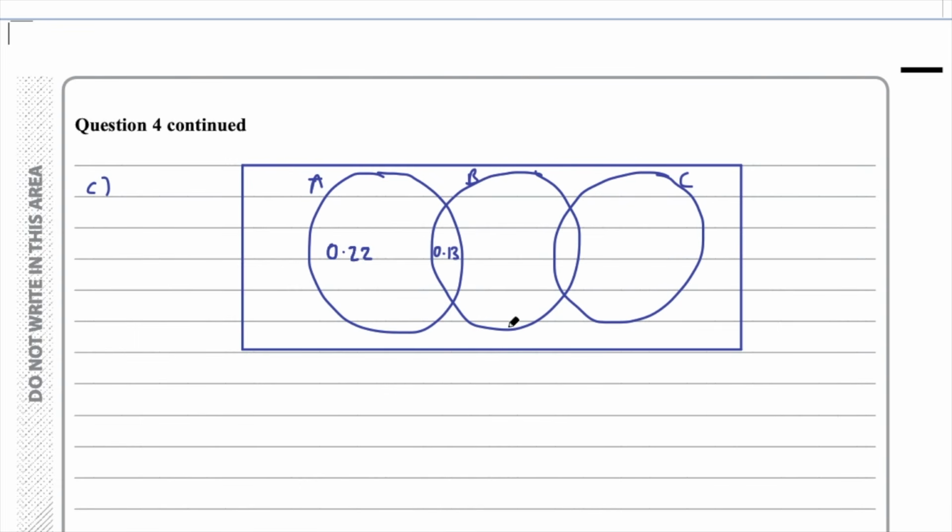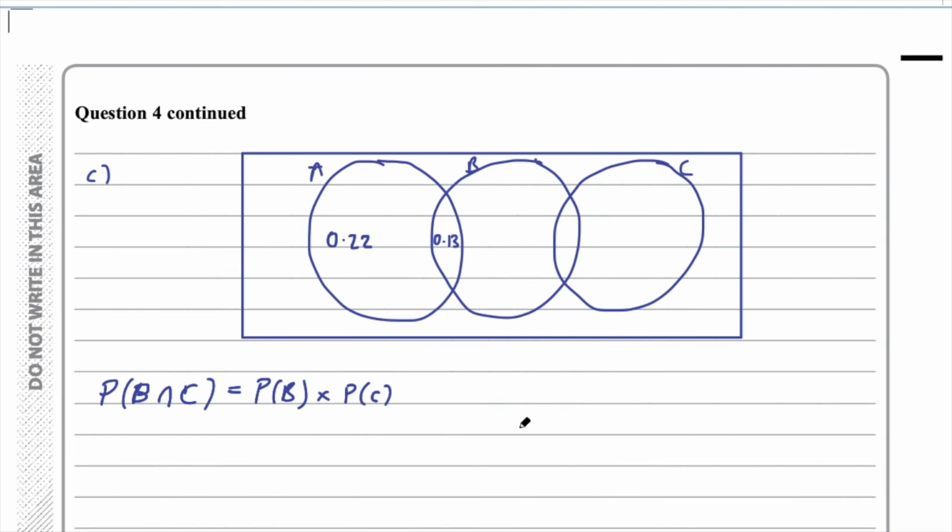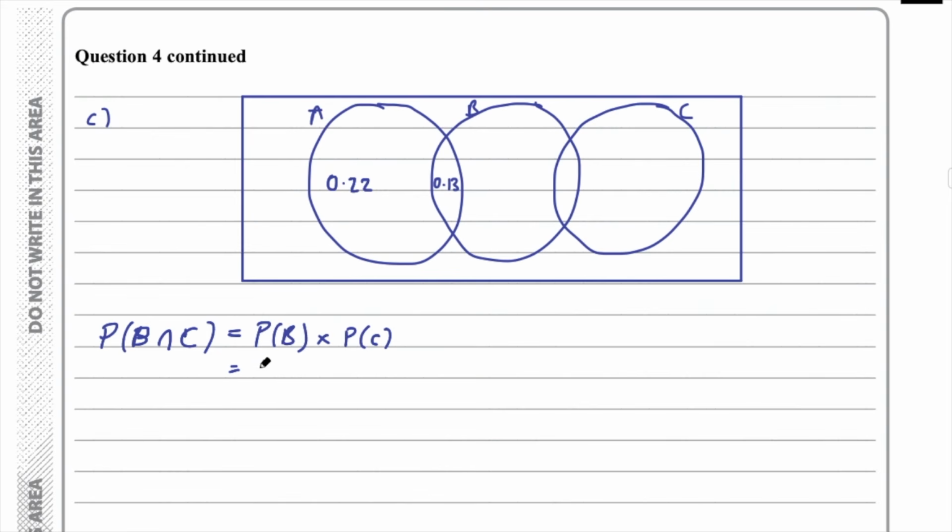And we can work that out because if events are independent, the probability of them both happening, so the probability of B intersect C, is their probabilities multiplied together. So the probability of B multiplied by the probability of C. So that's when events are independent. Probability of B, that was 0.45 from the start of the question.